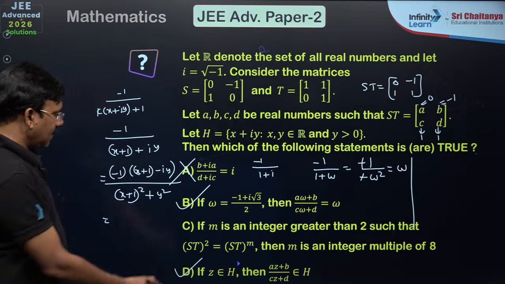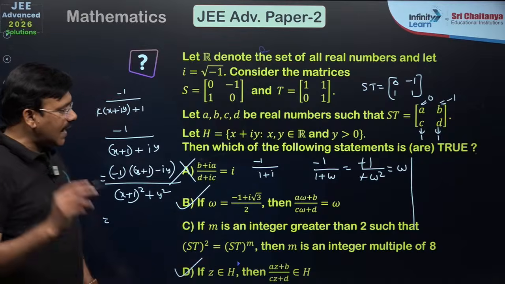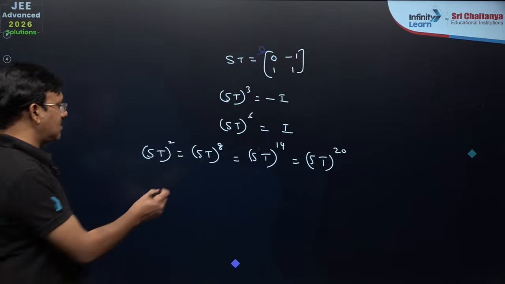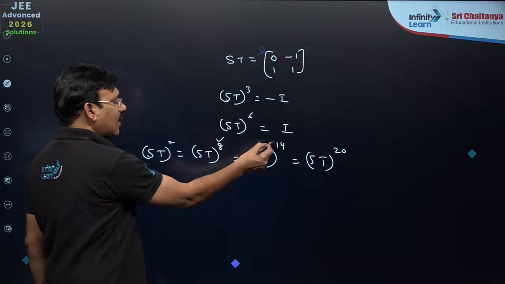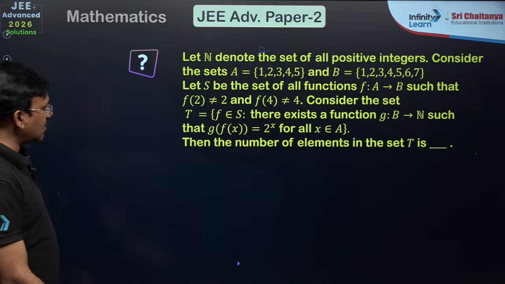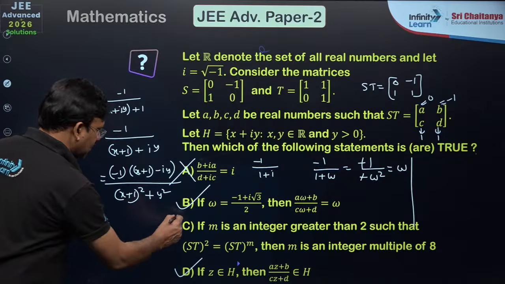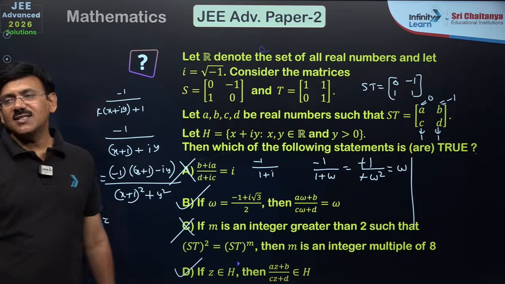But he is saying ST power m for m an integer multiple of 8. Okay, but not every time. So this option is going to be absolutely wrong. So BD is the right answer.